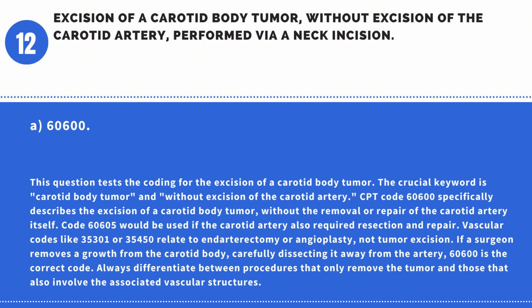Vascular codes like 35301 or 35450 relate to endarterectomy or angioplasty, not tumor excision. If a surgeon removes a growth from the carotid body, carefully dissecting it away from the artery, 60600 is the correct code. Always differentiate between procedures that only remove the tumor and those that also involve the associated vascular structures.